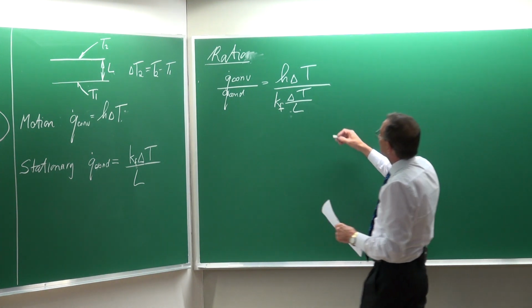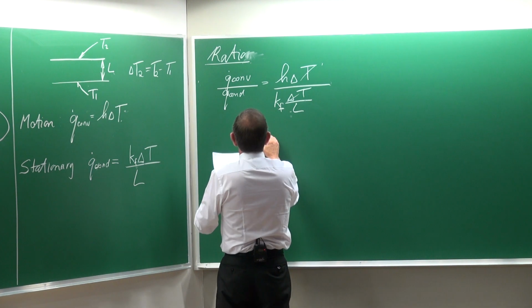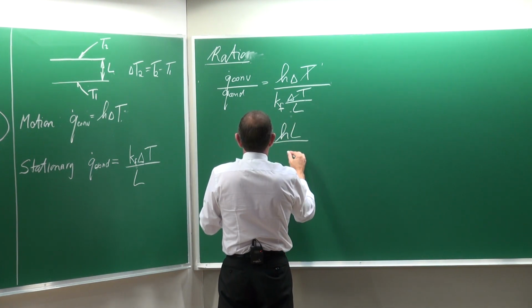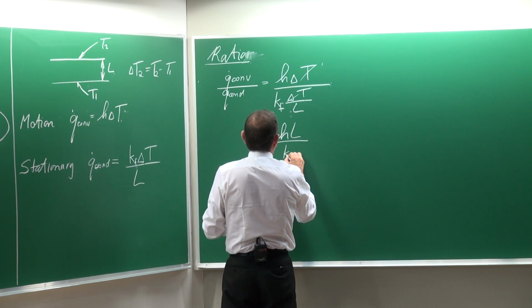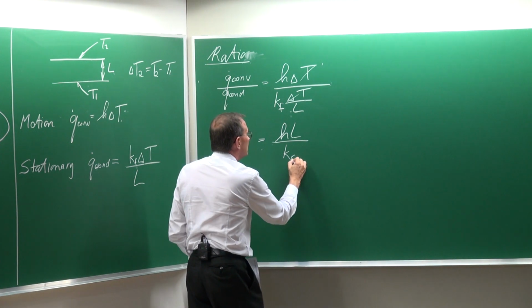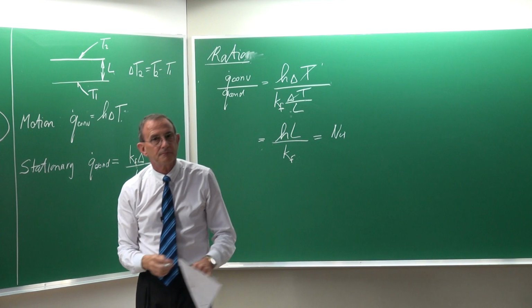And if you look at this, what you will see is that this ratio is equal to the heat transfer coefficient multiplied by L divided by K. And it's the K of the fluid, and this is exactly the definition of the Nusselt number.